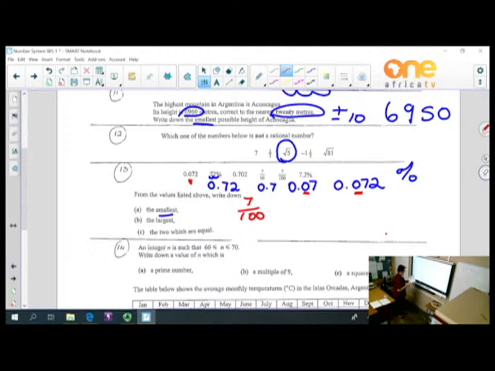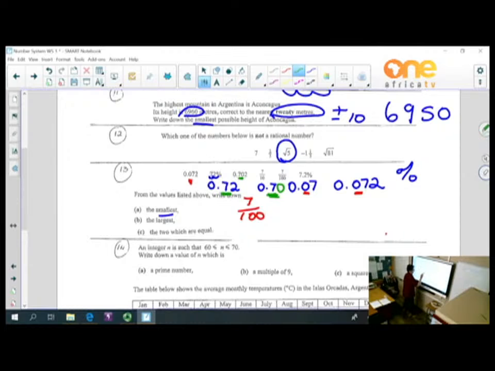The next one says the largest number. So obviously these ones are now out. Now we're looking at the first decimal place, and that's a 7. There's a 7, and here's a 7. Those are the ones with a 7. Here the next one is 0. The next one is also 0.